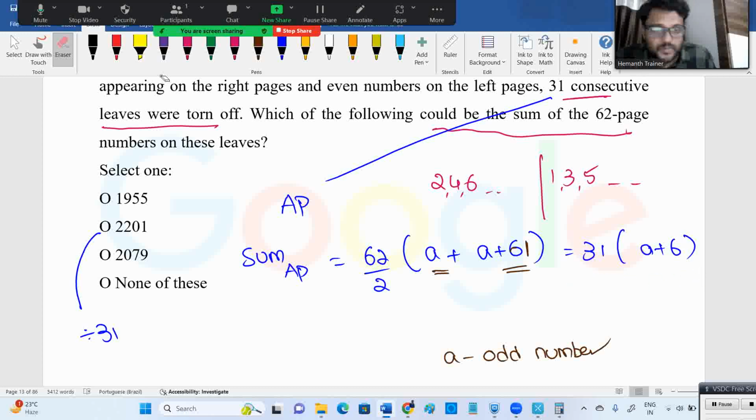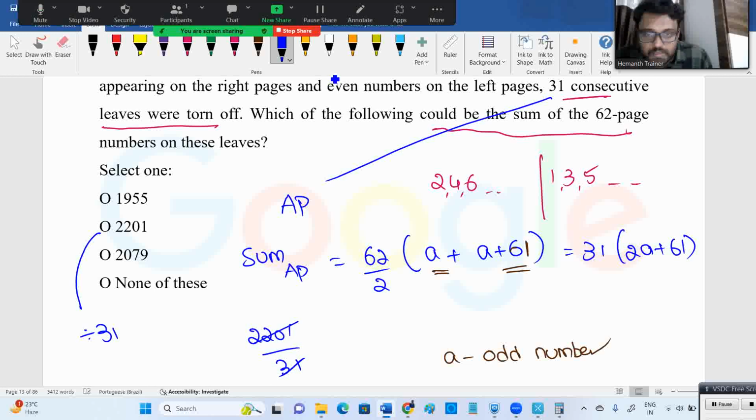So the answer should be divisible by 31. When you divide 2201 by 31, it gives 69. So 69 is equal to 2A plus 61, 2A is equal to 8, A is equal to 4.